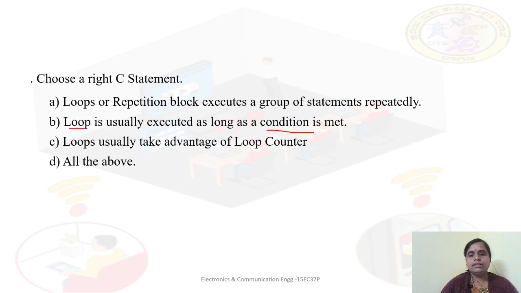The next, loops usually take the advantage of a loop counter. For a for loop, I use for i is equal to, isn't it? That itself is nothing but the loop counter. So which is the right statement amongst these three? Yes, all are the right statements.